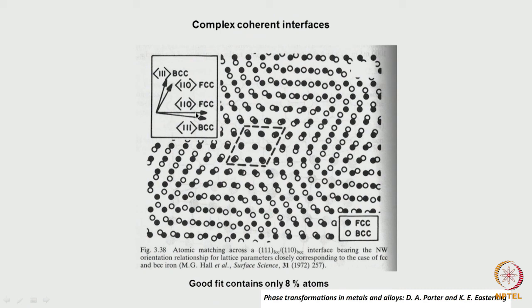This small deviation could be seen in the diffraction pattern itself. Looking at the diffraction pattern taken from this region, we can get information about the direction in which the close pack plane in FCC is oriented and the direction in which the close pack plane in BCC is oriented. This information one could get.